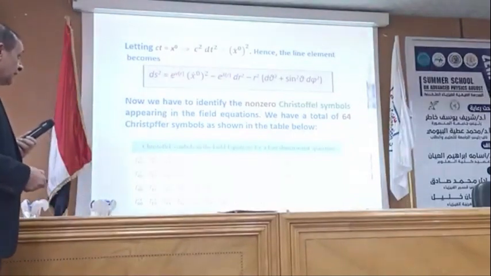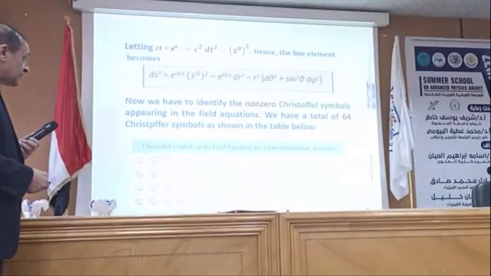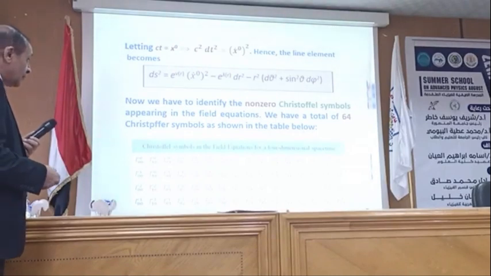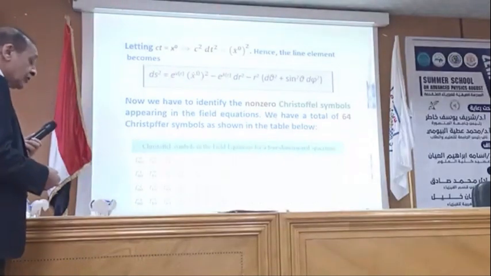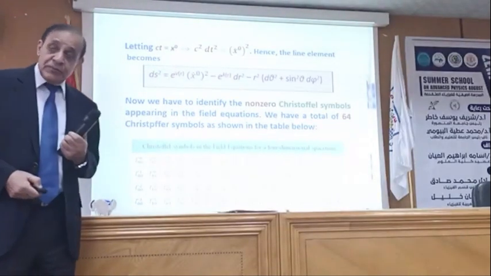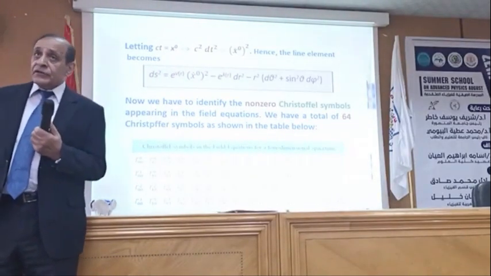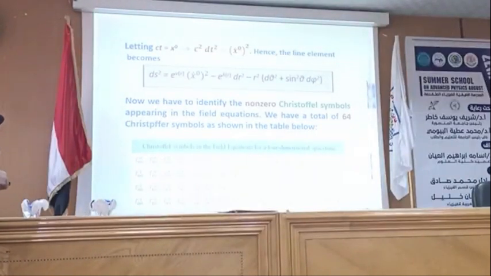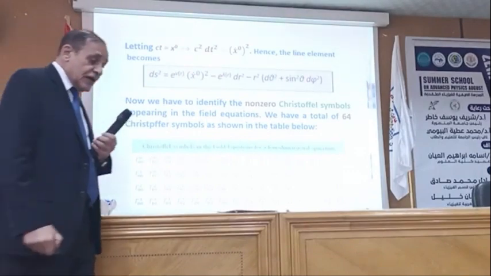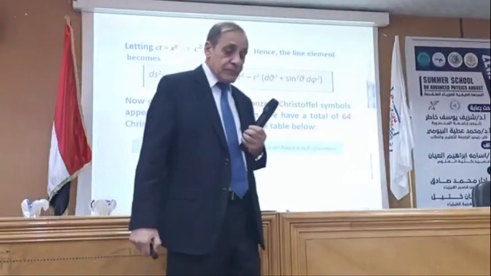For example, I have 3, 1 and 1, 3 are the same. 2, 1 and 1, 2 are the same, etc. 0, 3 and 3, 0 are the same. So they are symmetric, and using this symmetry, I can reduce these 64 Christoffel symbols to just 40. So in fact, I have 40 Christoffel symbols I have to find out.